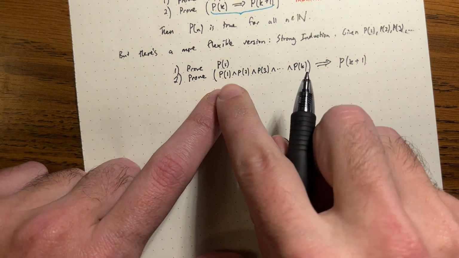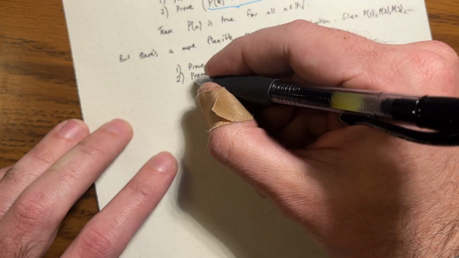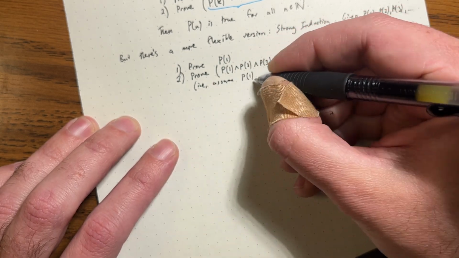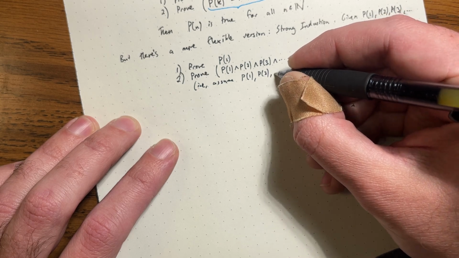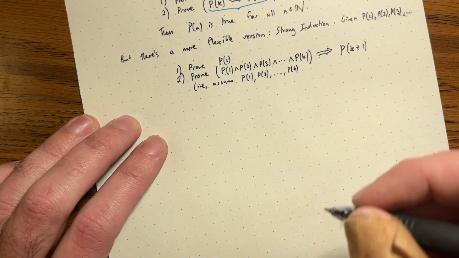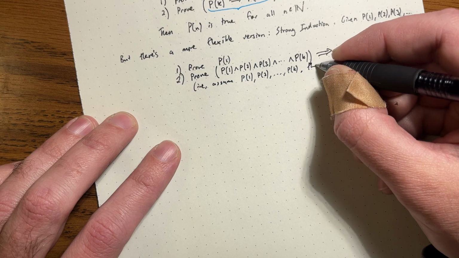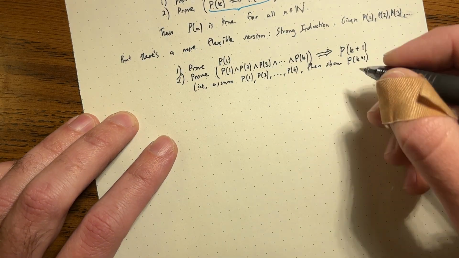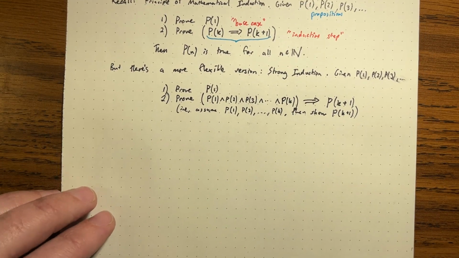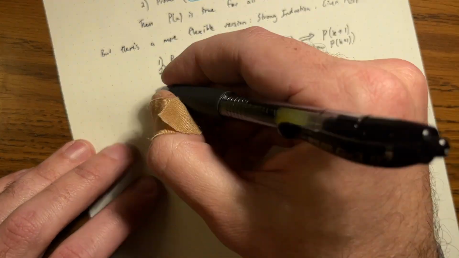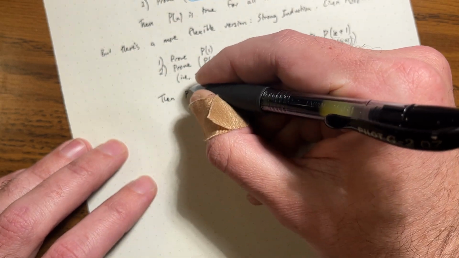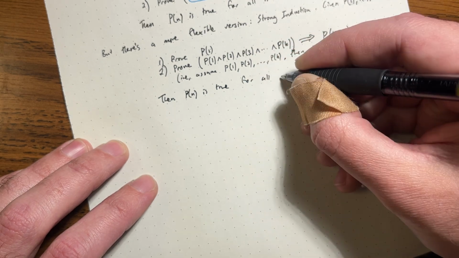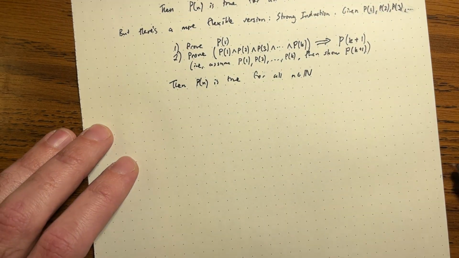Okay, so in other words, assume all of these are true, i.e., assume all of them, all the way up to P of k. You have to assume a lot. Then you show that P of k plus 1 is true. Okay, so that's strong induction. And the conclusion is the same: then P of n is true for all n.